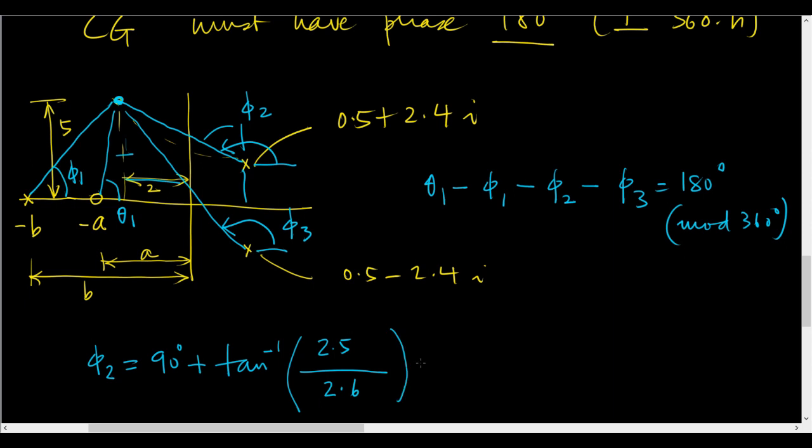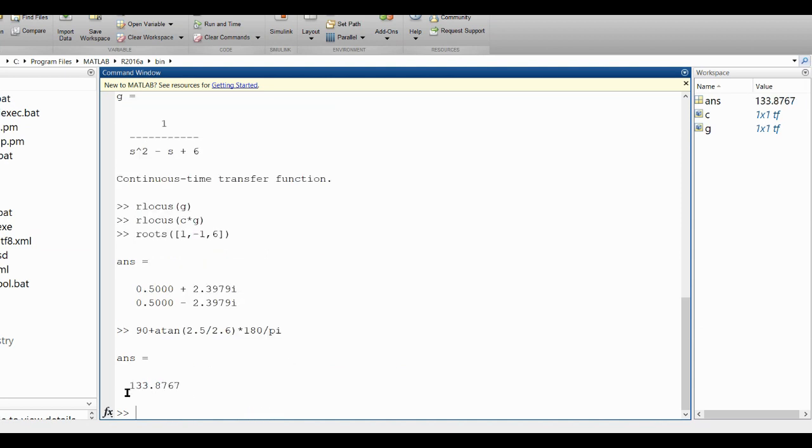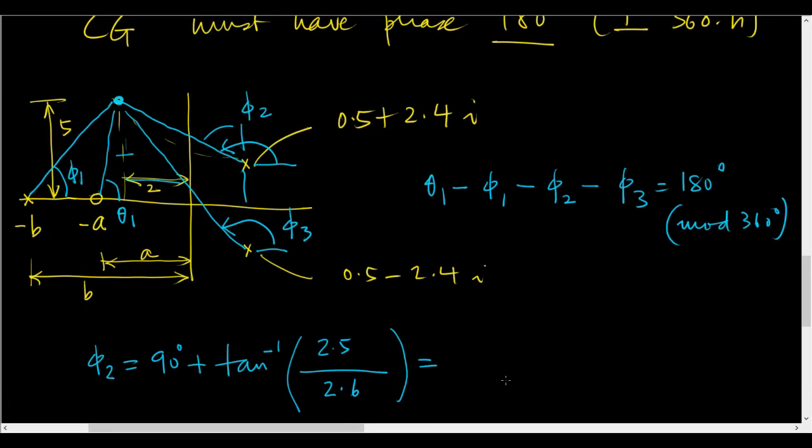Okay, so let me figure out how much that is. 90 plus a tan 2.5 by 2.6 times 180 by pi. Okay, so that is 133.9. I will write 134. Okay, so 134.